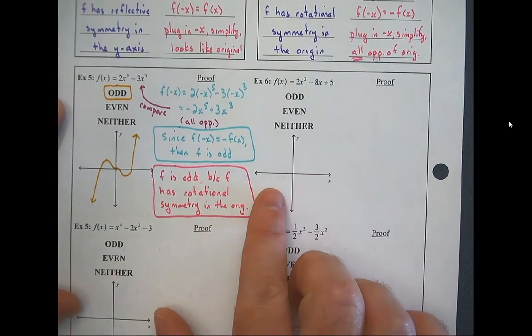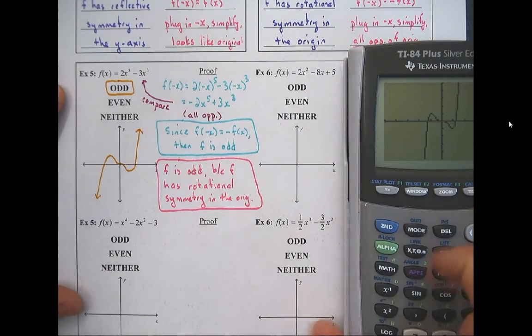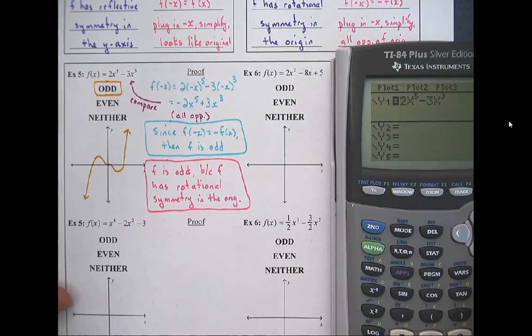All right, hopefully you got the idea from here, but we're still going to do a couple more examples. Let's first get a picture of what this graph looks like. So 2x squared subtract 8x plus 5.